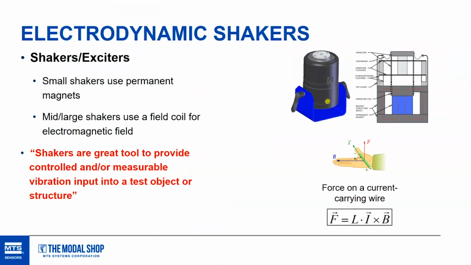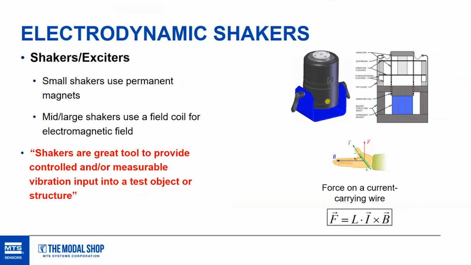Small size shakers typically are designed using permanent magnets. As you go into mid and large size shakers, instead of using a permanent magnet, we substitute that with a field coil to create an electromagnetic field.